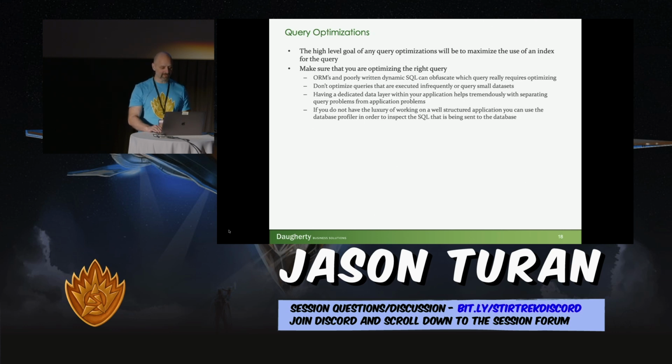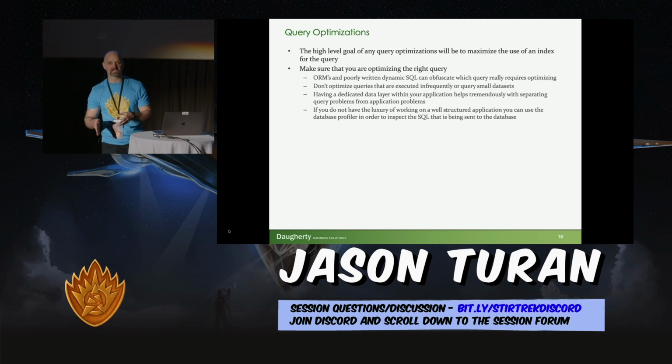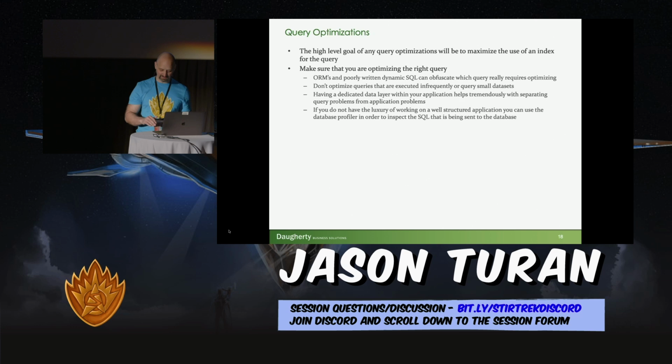And if you're not exactly sure what query you should be optimizing, a last-ditch effort is to spin up the database profiler for your database tool of choice to see what's coming through the wire. Filter down to that specific user for your application and just see what's coming through the pipeline. But that's less than ideal.